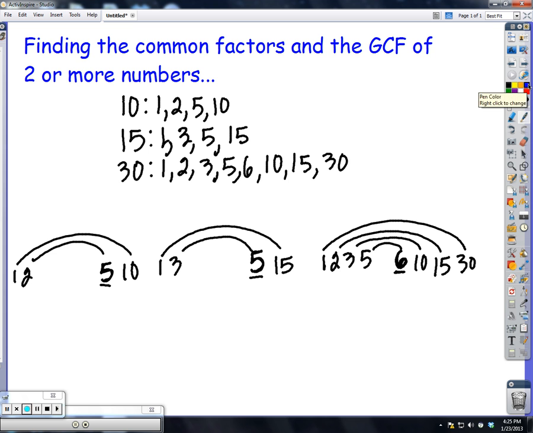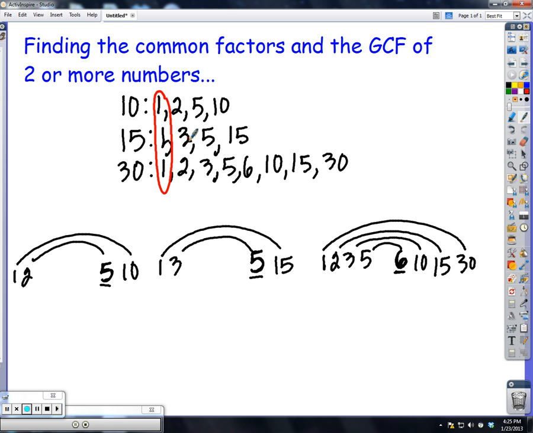Now, for the common factors. The factors that are found in all three numbers: all three of them share a factor of 1. So 1 is a common factor. Now, when you look at the factor of 2, you notice that 10 has a factor of 2 and 30 has a factor of 2.